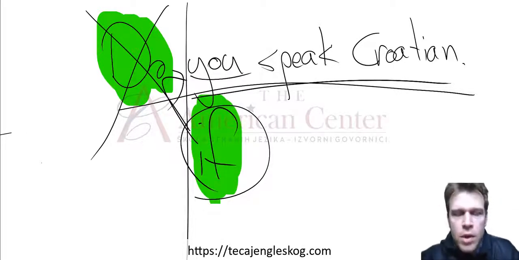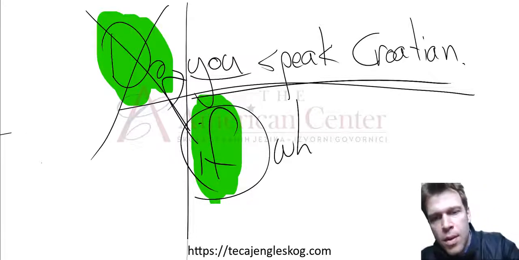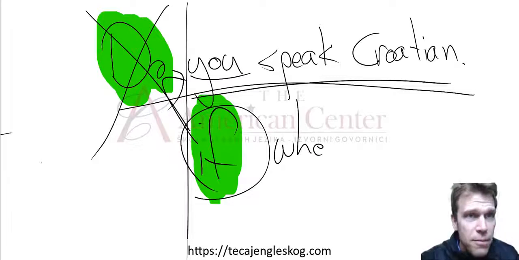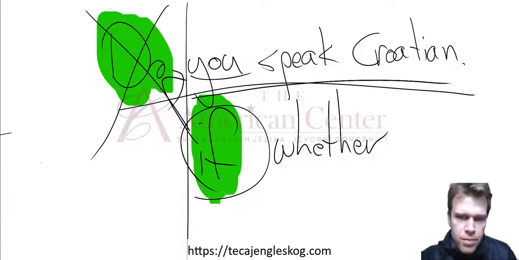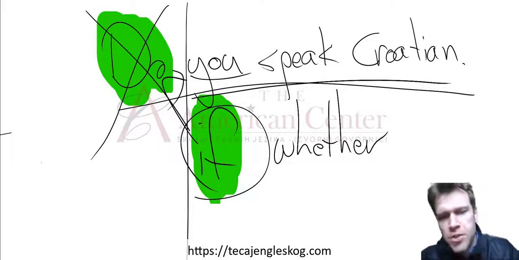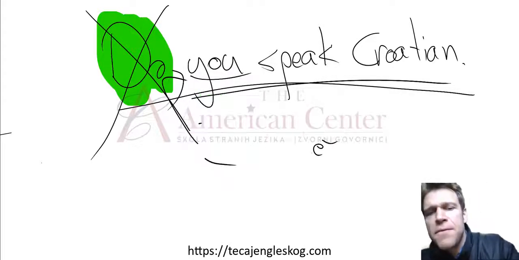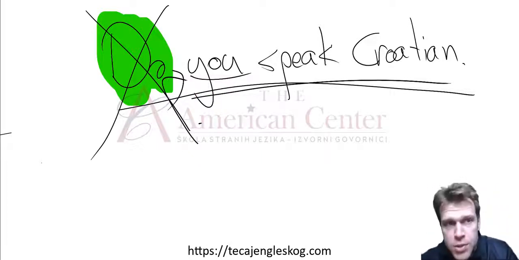The other alternative we can use is whether. We can also use whether, okay? Whether. So could you tell me whether you speak Croatian? So that if is for yes or no questions.